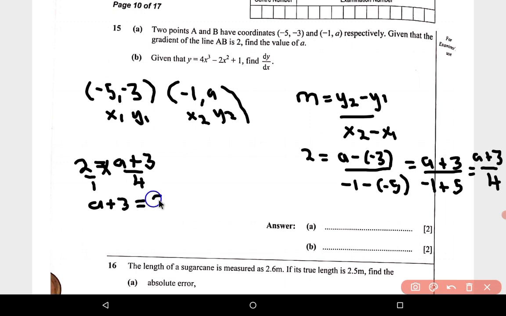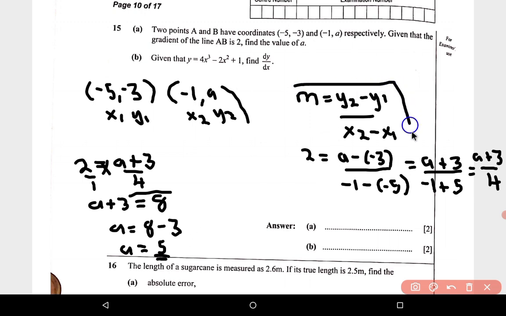Take this 3 to this side, and a will be equal to 8 minus 3, so a is 5, and this is the answer for a. Easy. All you need is to know the formula for finding the gradient of a straight line. We go to question B.